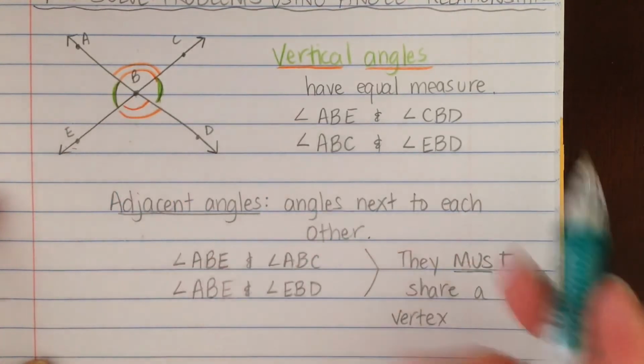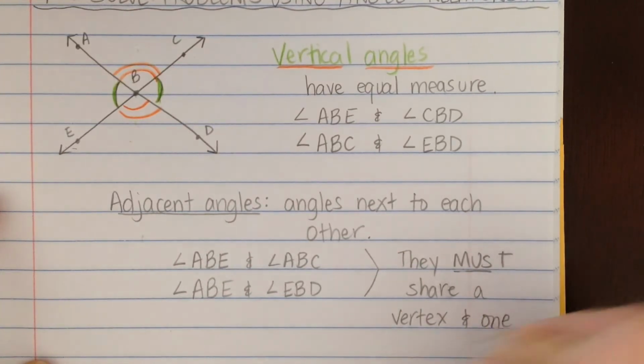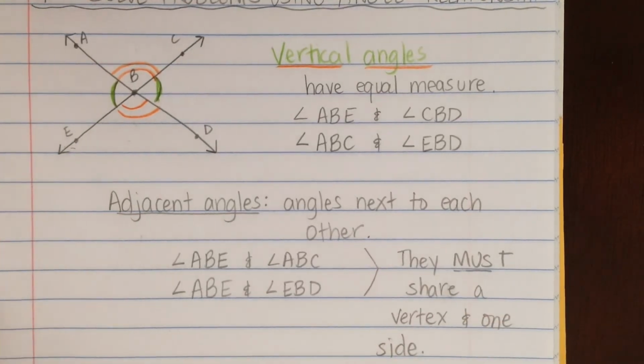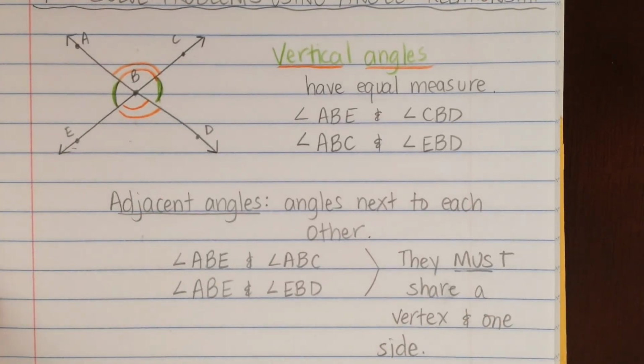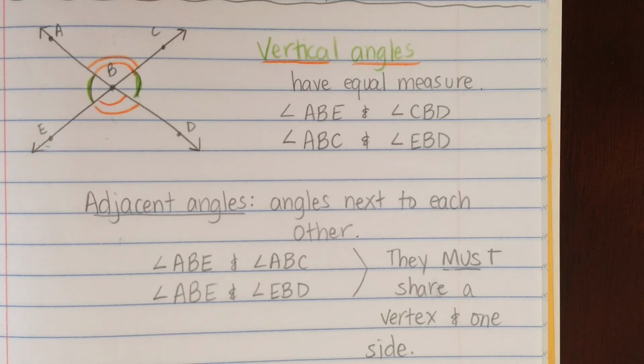Point B is the vertex, and they must share one side. Okay, so that's what adjacent angles are. Pretty easy.